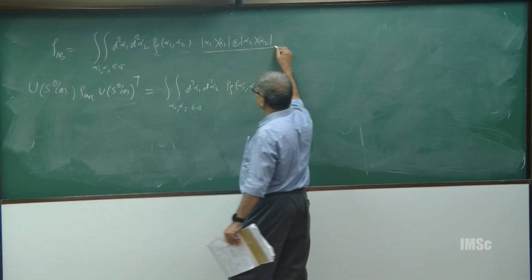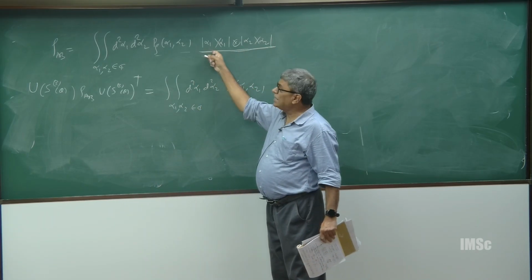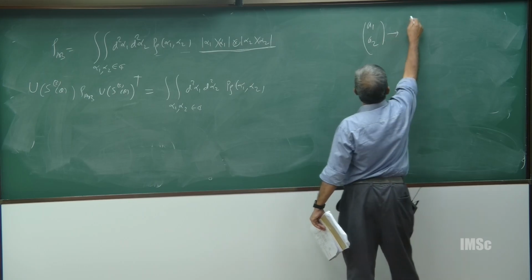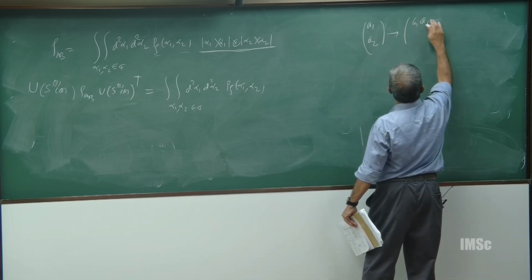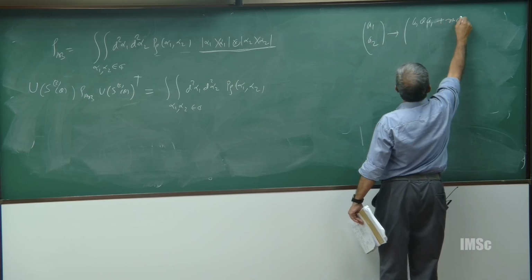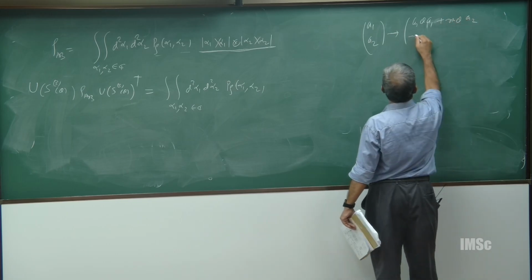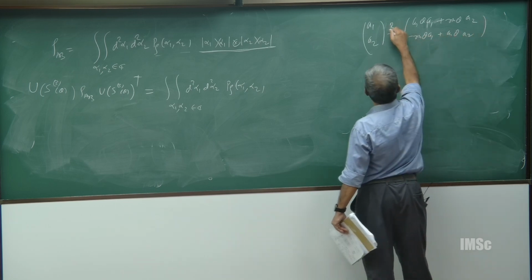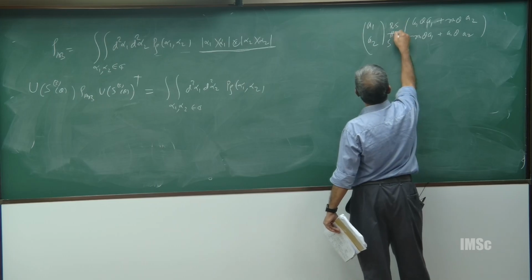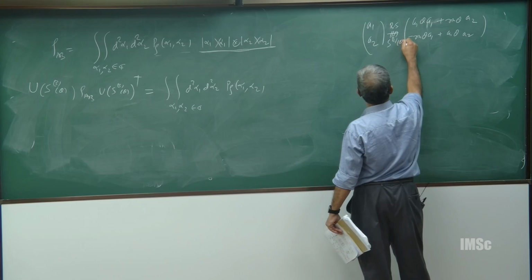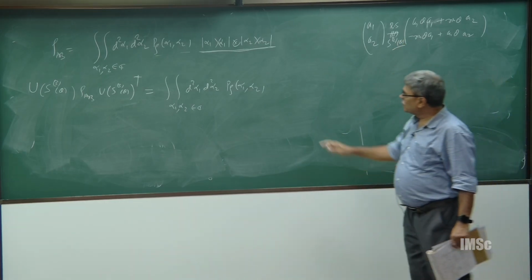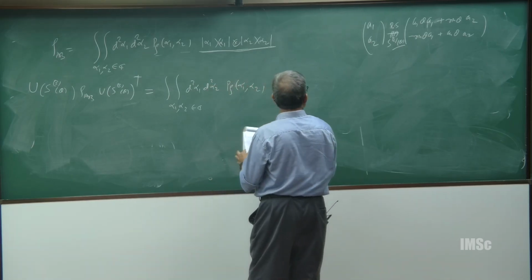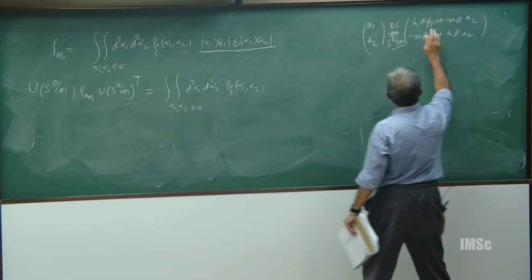You will have to look at the change here. Now, how is it changed under the beam splitter transformation, namely where a 1, a 2 goes to cos theta a 1 plus sin theta a 2 and then minus sin theta a 1 plus cos theta a 2. So, this is my beam splitter transformation which corresponds to S free theta, that is what I have taken. So, this is in the Heisenberg picture.